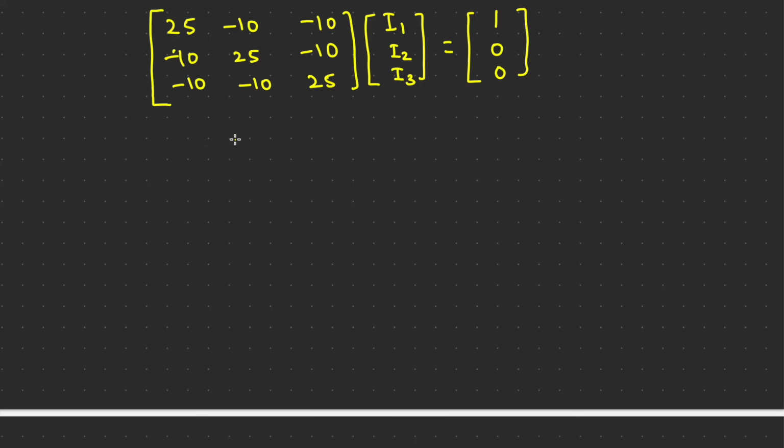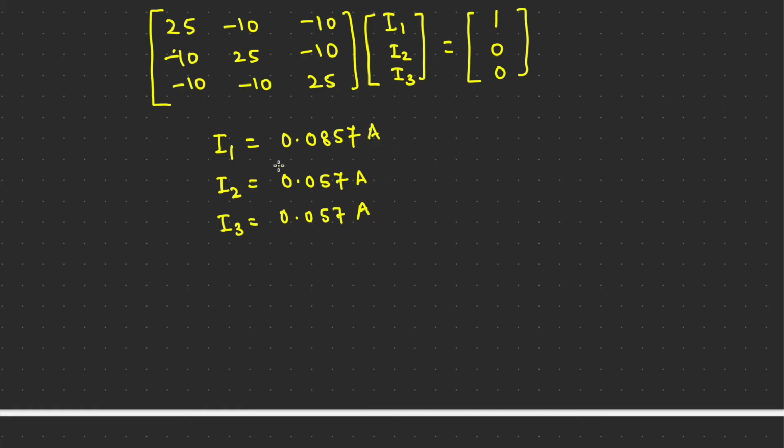After solving this equation we get I1 equal to 0.0857, I2 equal to 0.057 and I3 as 0.057 amps. So these are the loop currents.